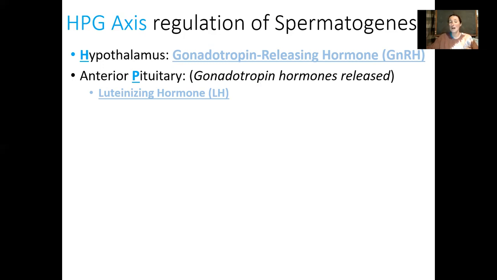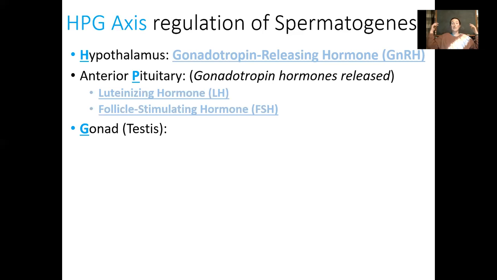The anterior pituitary hormones in question are LH, luteinizing hormone, and follicle stimulating hormone. Now, both of these hormones act in both the male and the female reproductive system, but they are both named according to their action in the female reproductive system.